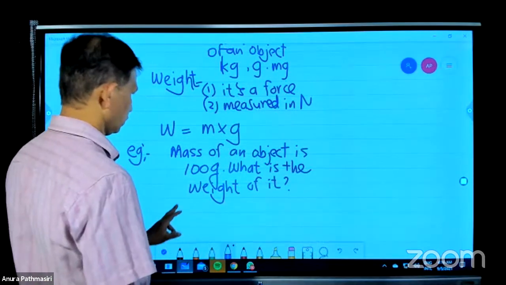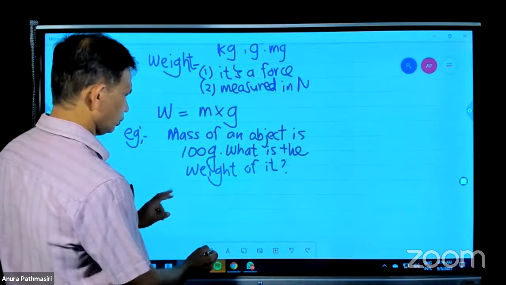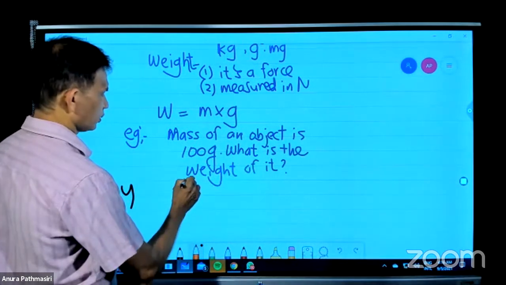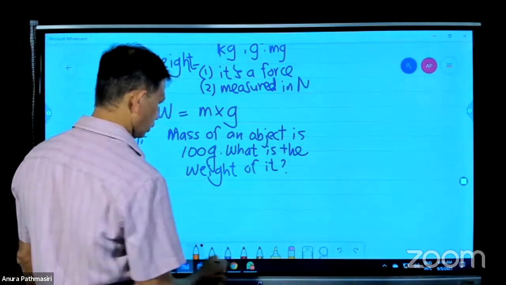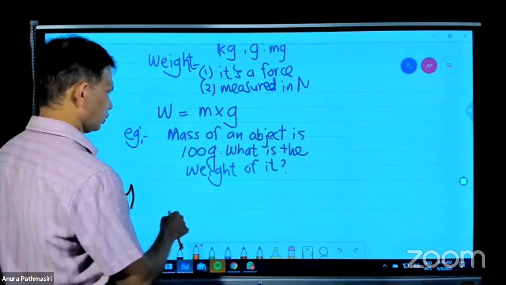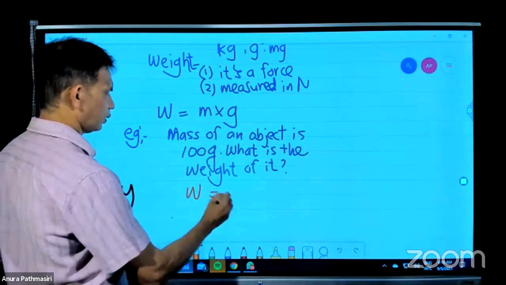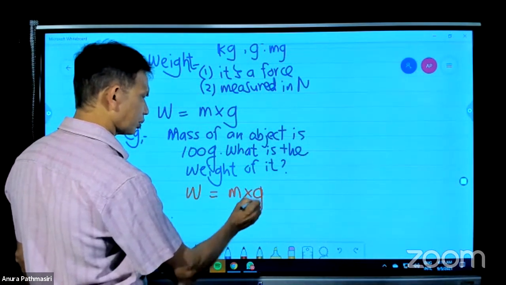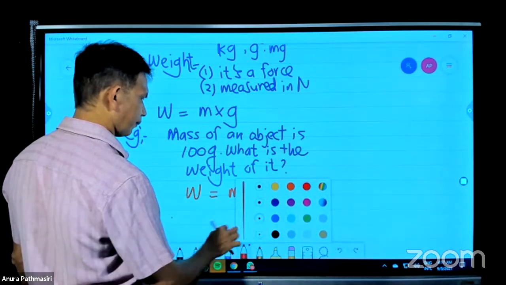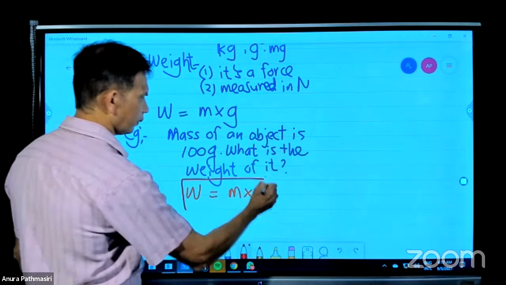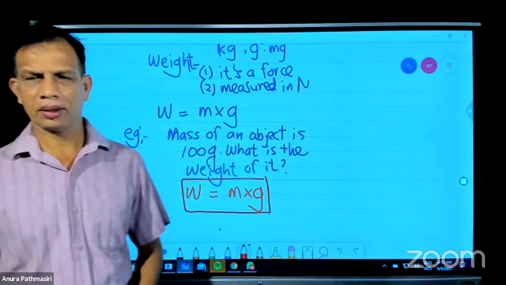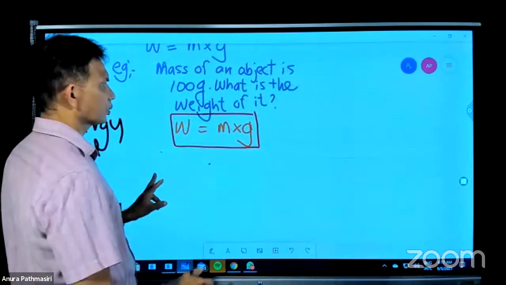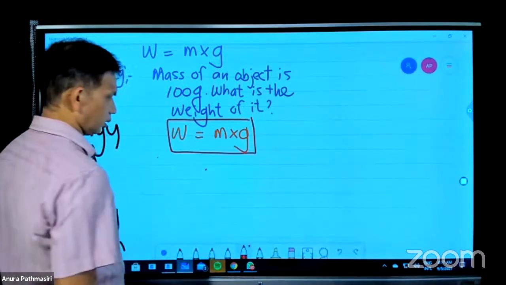As I told you, the relationship between mass and weight is that weight is mass multiplied by gravitational acceleration. That is what we call the weight.